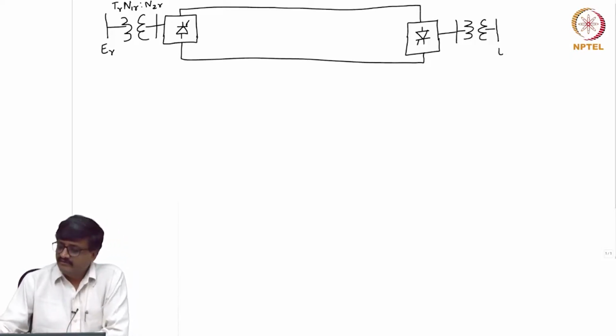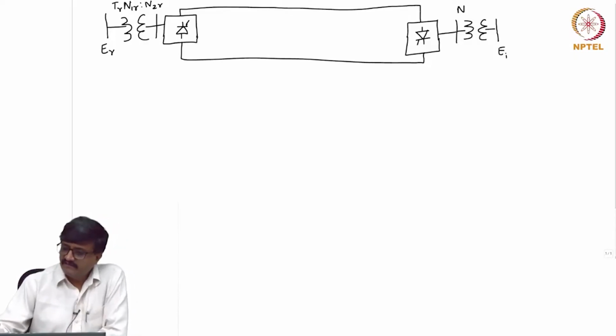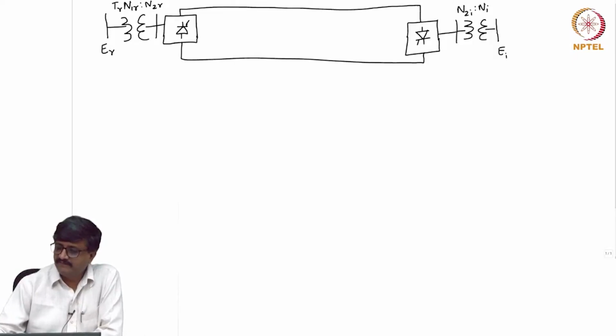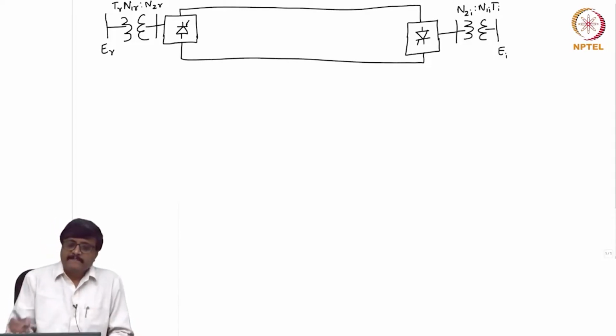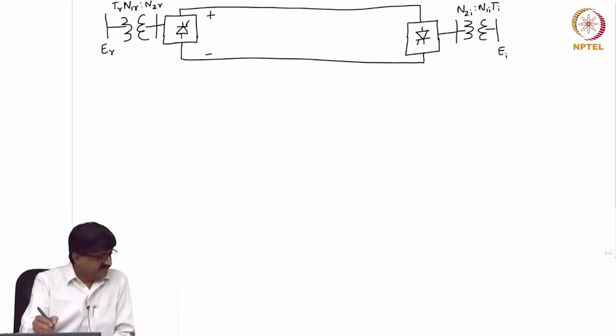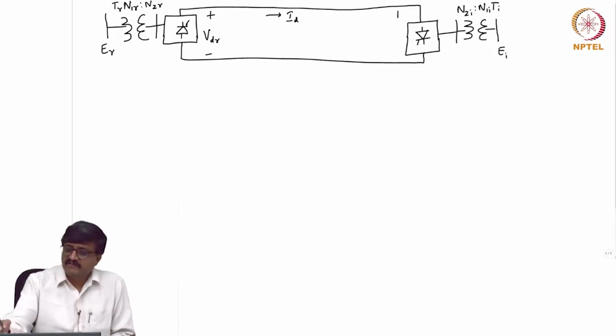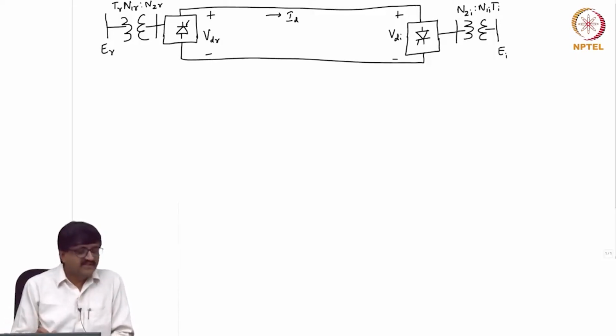The RMS value of the line to line voltage of the AC system bus on the inverter side is EI, and this is N2I is to N1I, divided by N1I Ti. The voltage at the DC bus on the rectifier side is VDR, the current is ID, and the voltage at the DC bus on the inverter side is VDI.